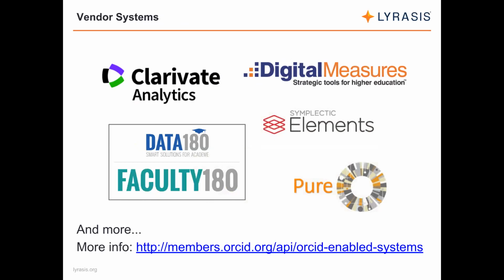These are just a few examples. I'm working on creating a matrix of both vendor and open source systems to show whether or not they currently support ORCID, so you can have a better idea of different systems at a glance. So stay tuned for that.